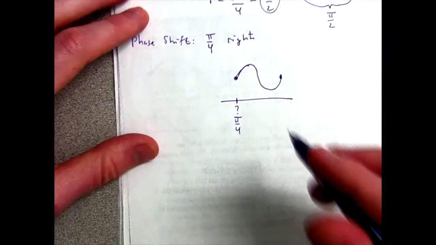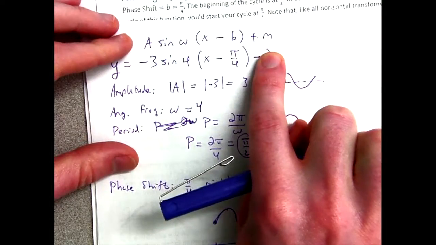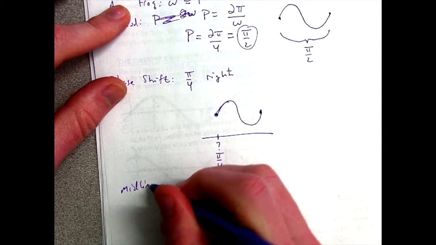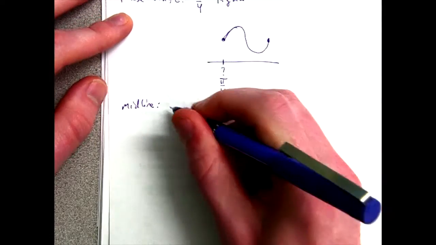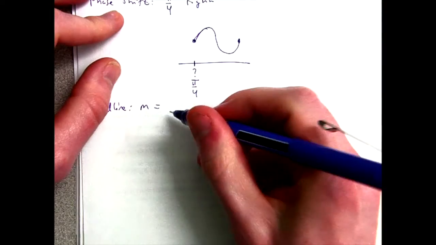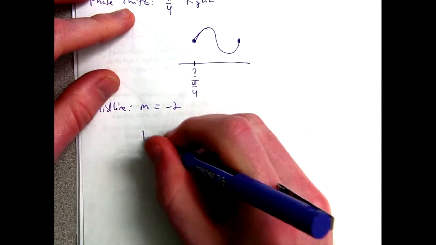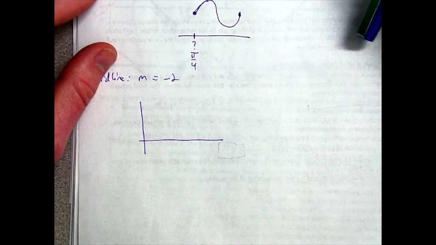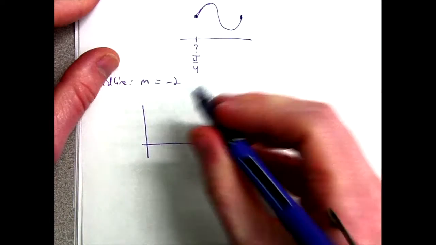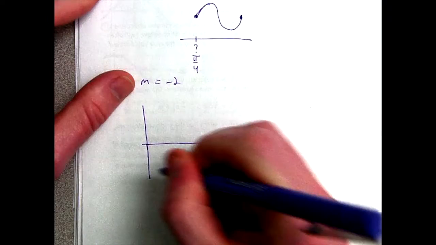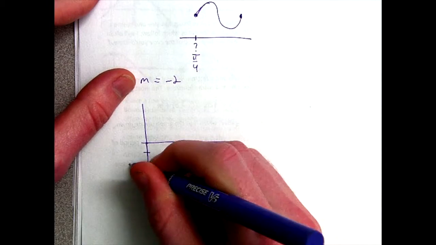What else? And then there's one more thing that we haven't thought about, and that's m. That's the midline. The midline is given by m, which of course, looking at our function, is -2. And what that means, basically, is that if you've got an xy grid like this right here, then the midline, which is the horizontal line going through the middle of the graph, would actually be sitting at -2.